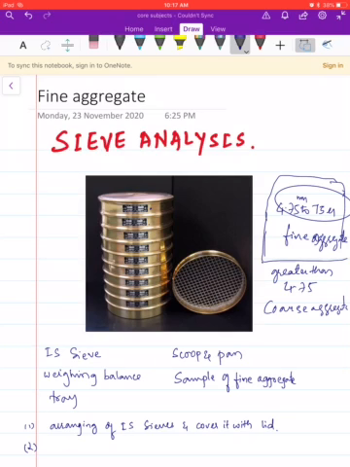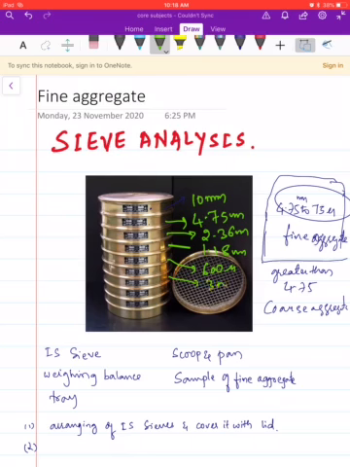For this sieve analysis, according to the IS standard, we require IS sieves of 10 mm, followed by 4.75 mm, 2.36 mm, 1.18 mm, then 600 micron, 300 micron, 150 micron, and 75 micron.